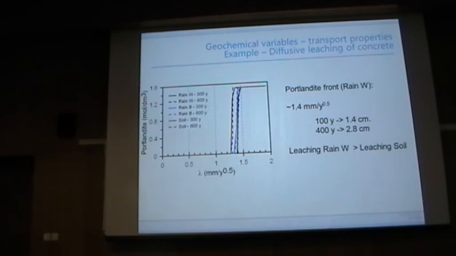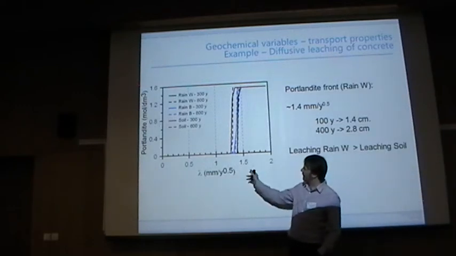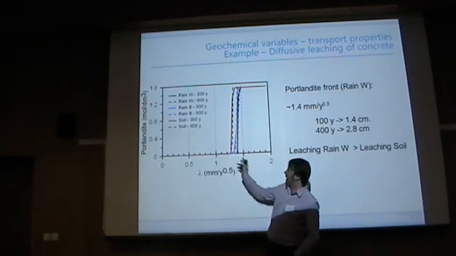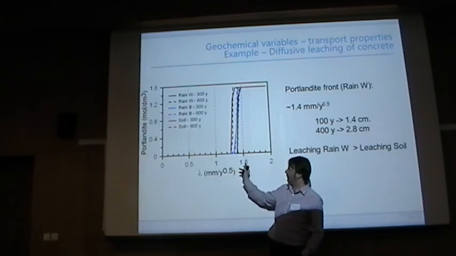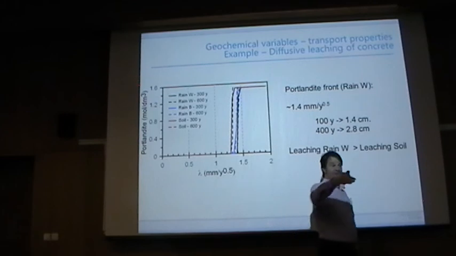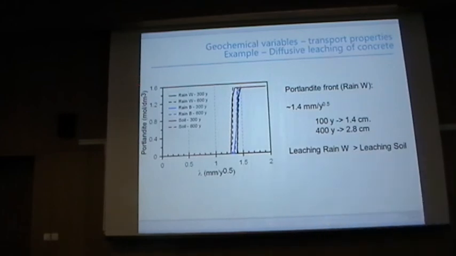So here I show you portlandite dissolution fronts for the three water types, plotted against the Boltzmann variable. But you see that the rainwater is advanced a little bit more than the other two waters. And that's a little bit in contradiction with what I said in the previous slide, that the soil water is the most aggressive one.